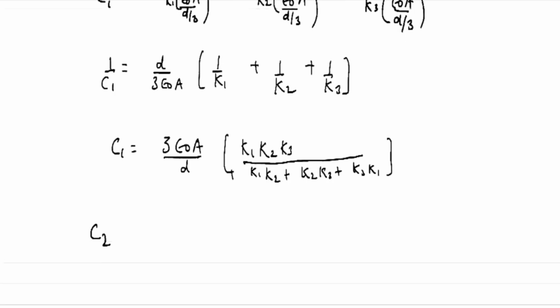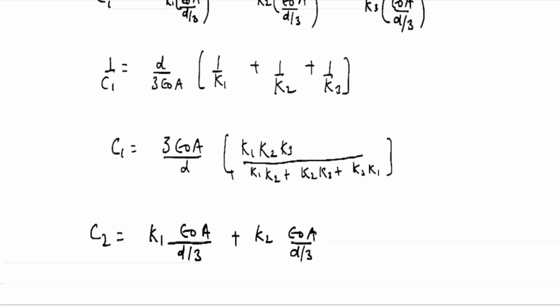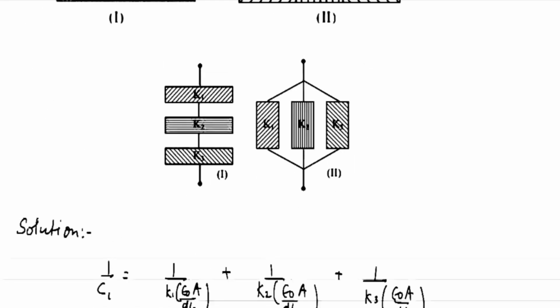So the value of capacitor C2 will be equal to K1 epsilon naught A by d by 3 plus K2 epsilon naught A by d by 3 plus K3 epsilon naught A by d by 3. In the second figure, the separation distance is the same, but the area is divided into 3 parts.